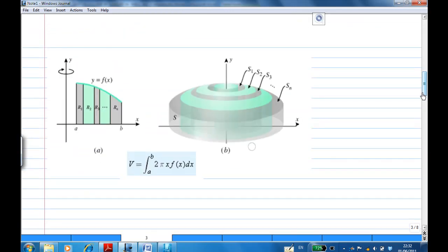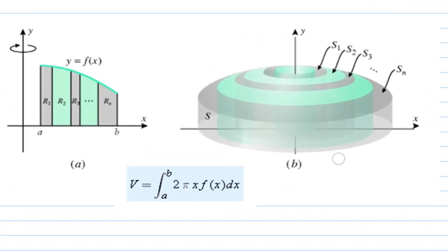So what is the cylindrical shell method? This is what happens. You have an area region from a to b under the graph of y equal to f(x), and you slide the region parallel to the axis of rotation.